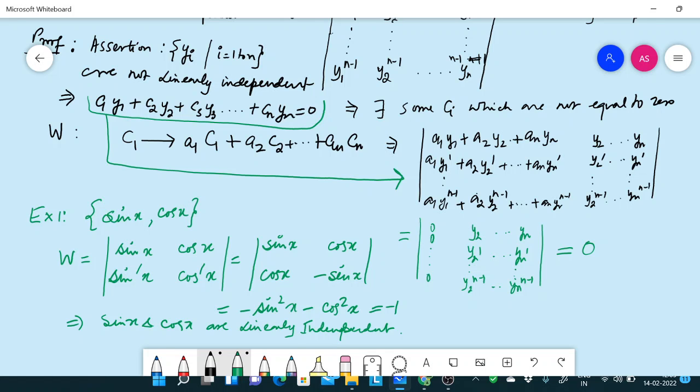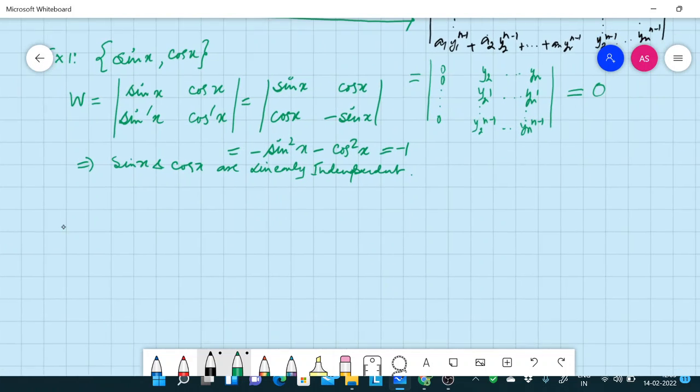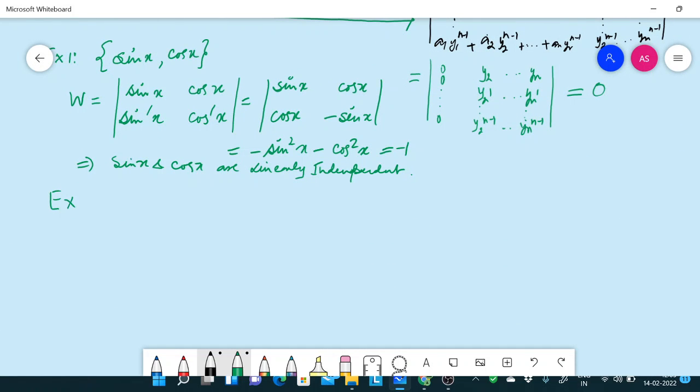Let us take another example, example 2. Let 1 minus x be our first function, 1 plus x the second function, and 1 minus 3x the third function. Let's calculate the Wronskian. The first row will be 1 minus x, 1 plus x, 1 minus 3x.